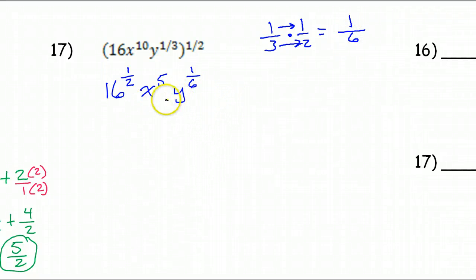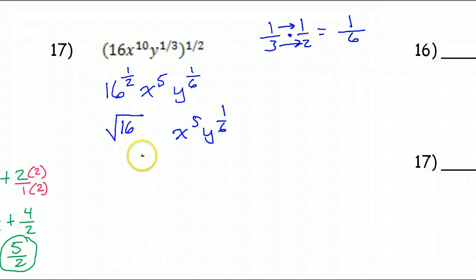This is almost the answer. But let's go ahead and deal with 16 to the 1/2 power. Just understand that 16 to the 1/2 power is the same thing as the square root of 16. And of course the square root of 16 is 4.